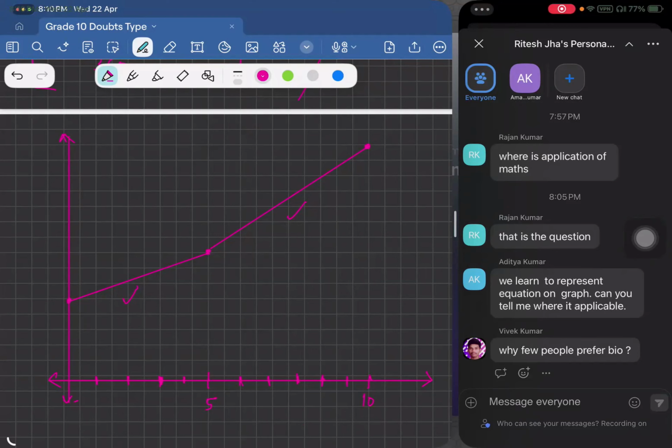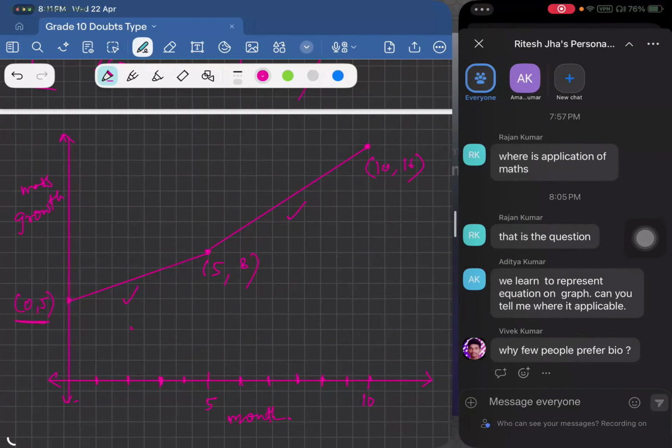Suppose this is 0 comma 5, this is 5 months and 8 kilograms. This is 0.5 kilogram, and this is 5 months, 8 kilograms. This is 10 months and, let's say, 16 kilograms. So this is the mass growth of the baby against the months.